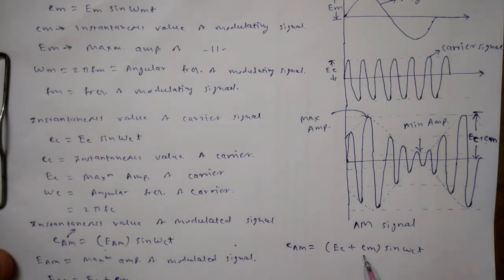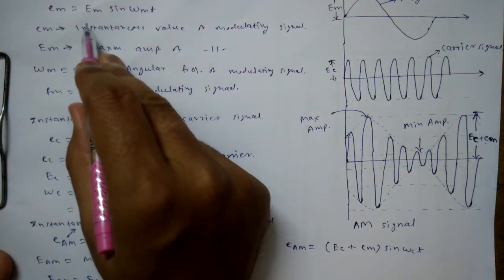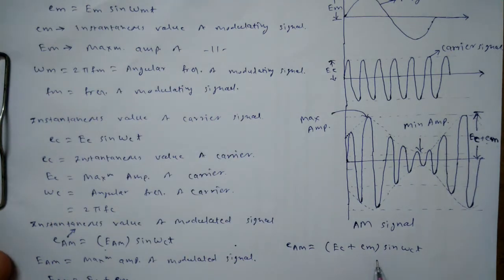But we have an equation for this small em. This em is nothing but the instantaneous value of the message signal. For this we already have one equation, which is this. So I will put this equation of em in this.